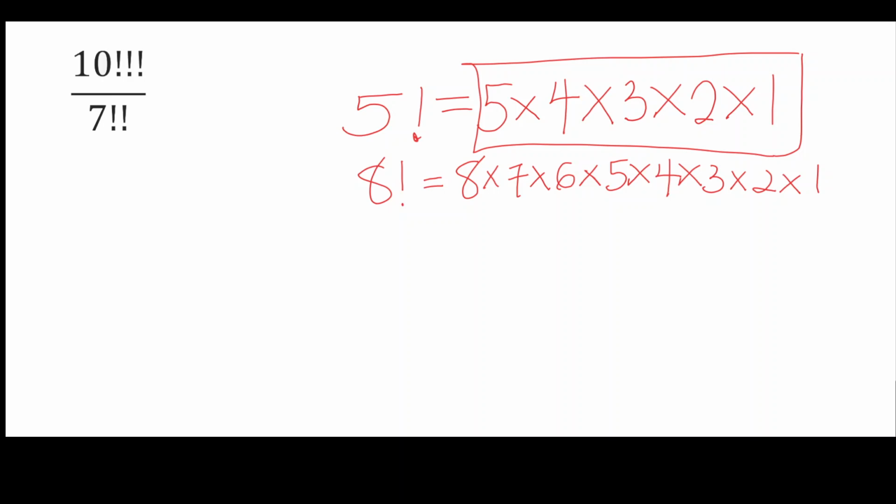But in this question, we are given double factorial and triple factorial. So if it is a double factorial, let's say we are given 9 double factorial, we are going to be treating it differently from a single factorial. I'm going to be starting from 9 as usual, but this time I'm not going to multiply by 8.